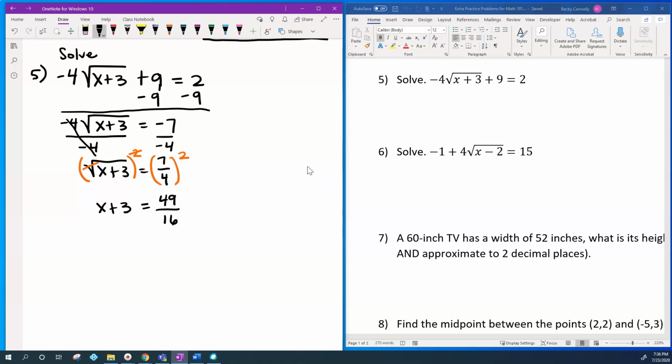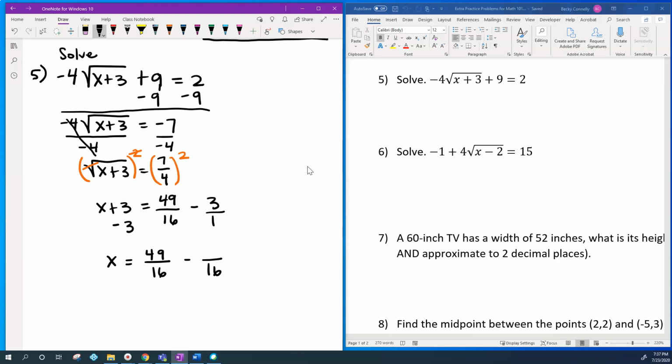All right, and then to get x by itself, I just need to subtract my 3 over. Well, with this, it's kind of like saying 3 over 1, right? And so I need to get a common denominator because I have a denominator of 16 here.